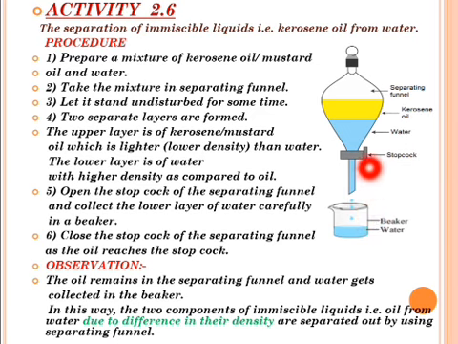As the oil reaches the stopcock, close the stopcock of the separating funnel. We will observe that the oil remains in the separating funnel and water gets collected in the beaker. In this way, the two components of immiscible liquids, that is oil and water, due to difference in their densities, are separated out by using this separating funnel.